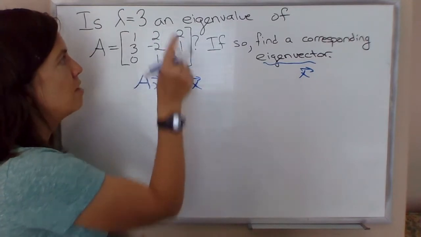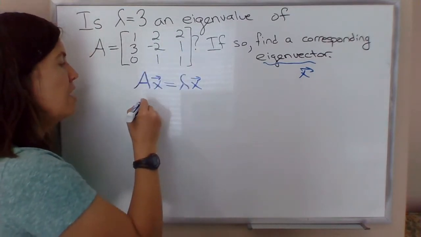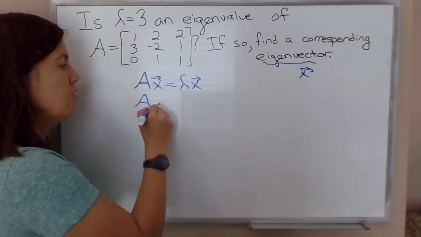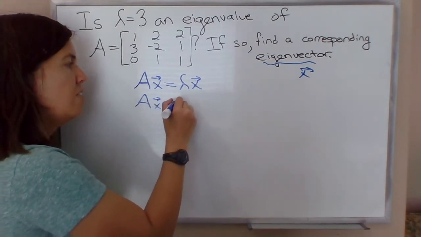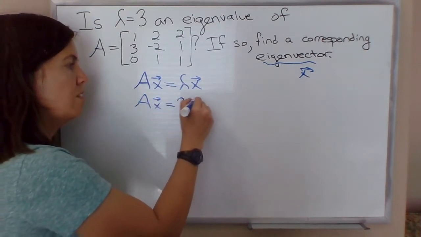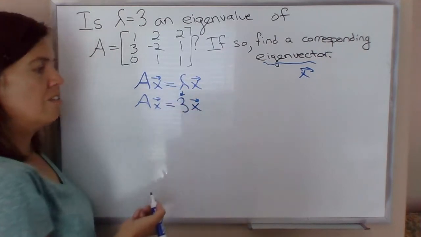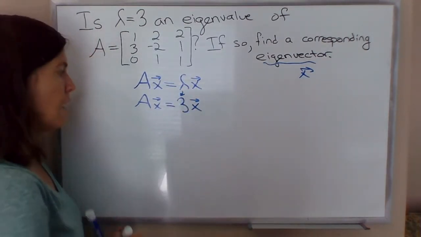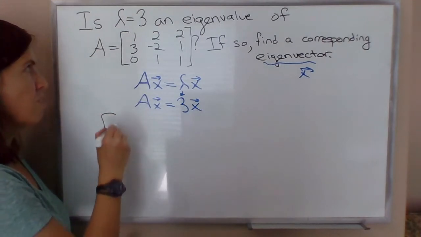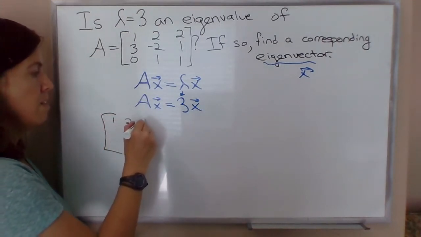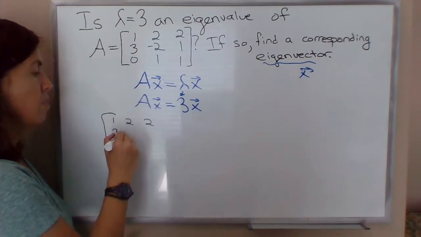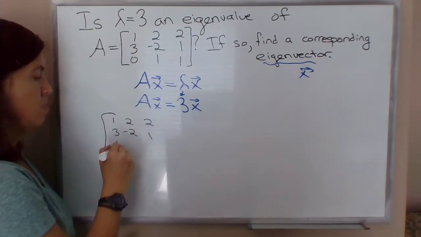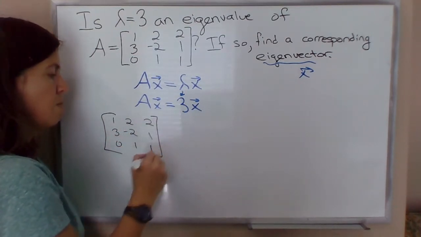So 3 is an eigenvalue of that matrix if there's some vector x where A times x is equal to 3 times x, if the eigenvalue being considered here is 3. Okay, well, that would mean, the matrix A, I'm going to copy that down, is this one: 1, 0, 1, 1, times the vector x.